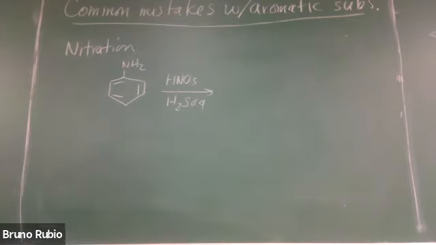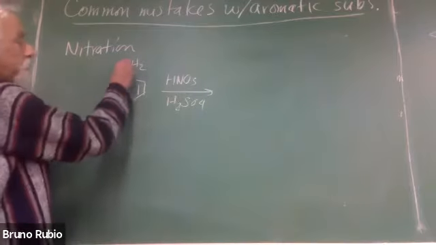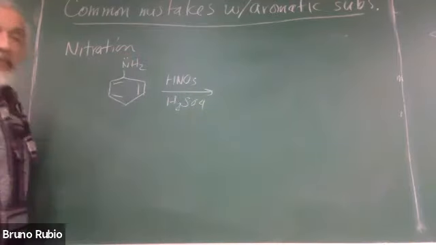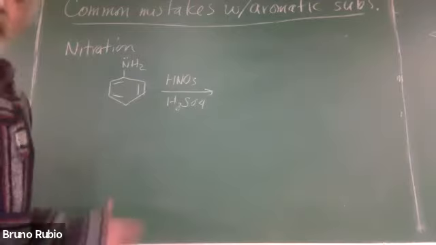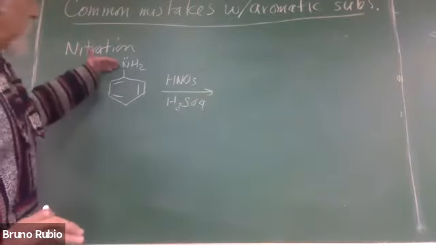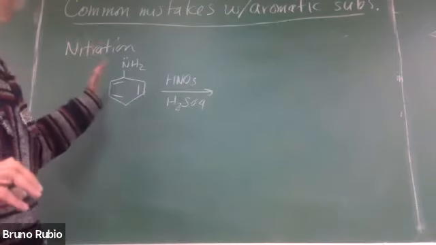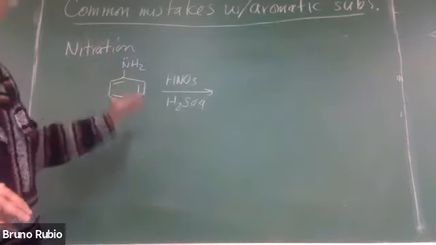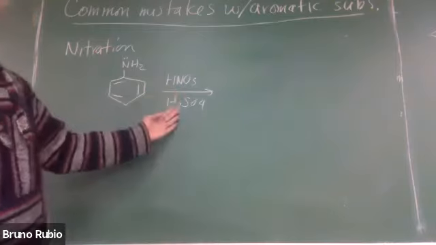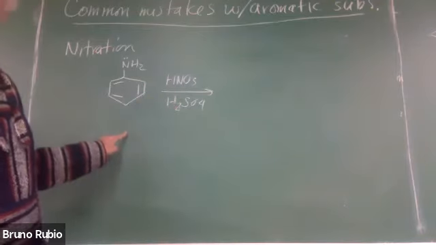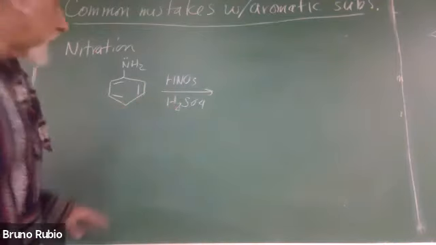So I think we talked about how the NH2 group, the atom directly bonded to the benzene ring, has an unshared pair of electrons on it, and these types of substituents are ortho-para directing, and they are strongly activating. These are the reaction conditions that put the nitro group on the benzene ring.